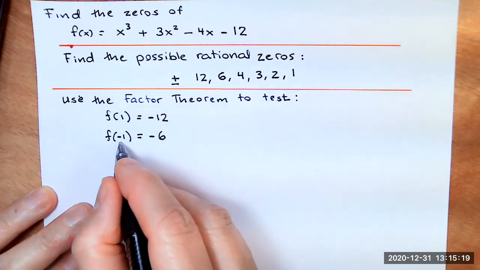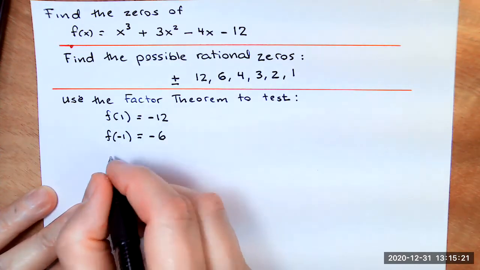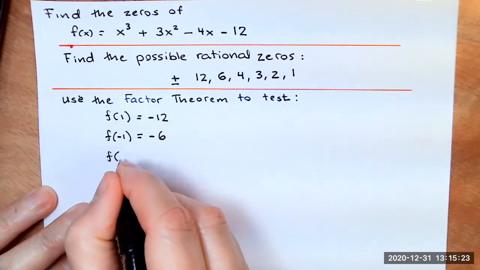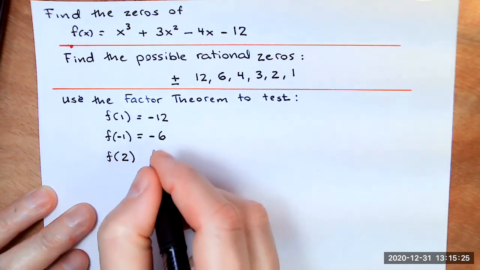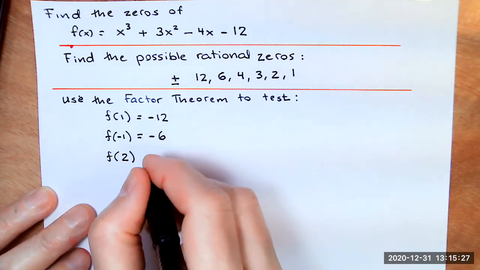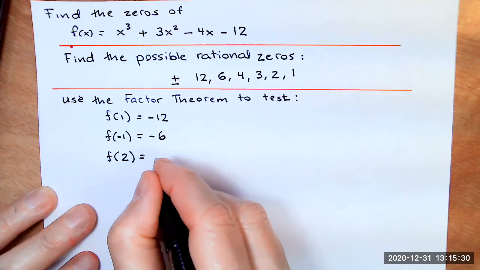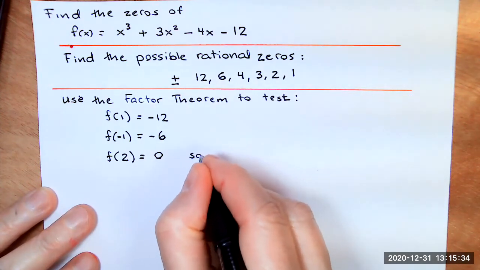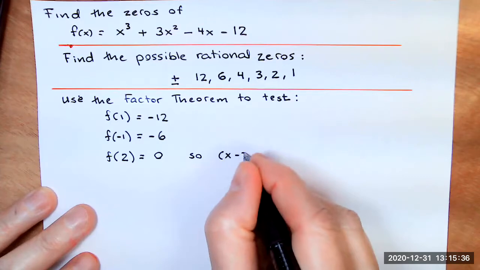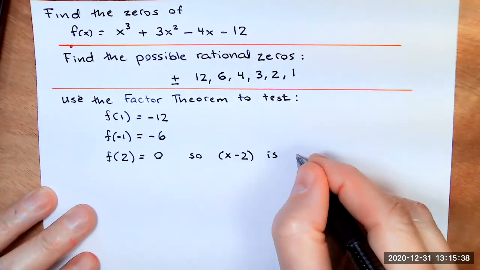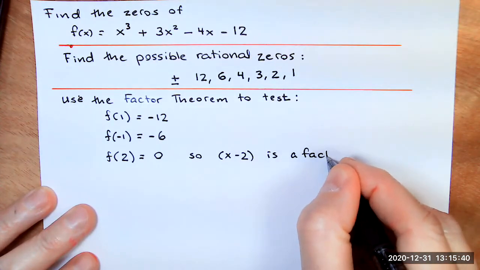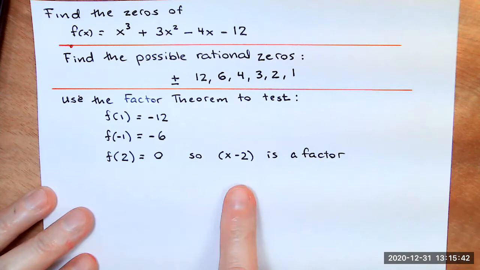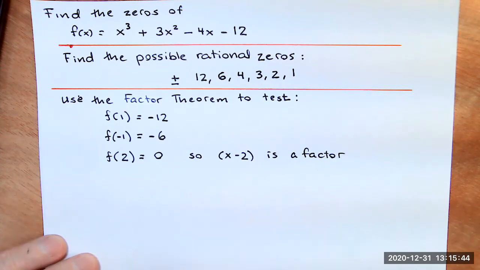So x plus 1 is not a factor. Let's try f of 2. And it turns out that f of 2 is equal to 0. So x minus 2 is a factor. So now we can use division to simplify our expression.